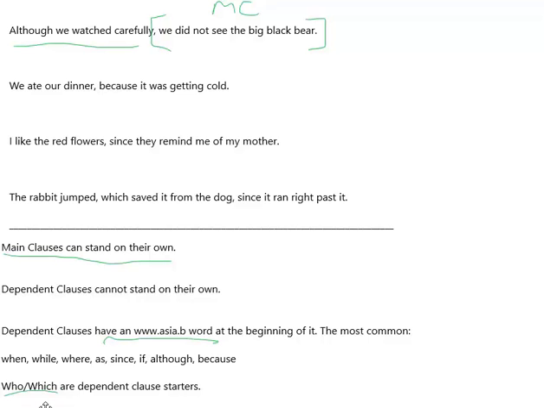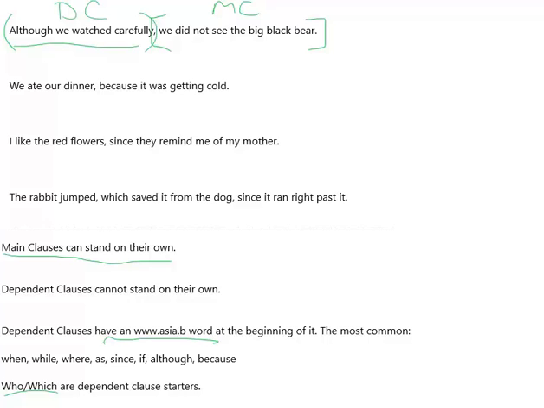Do we see any of these words in this part of the sentence? Although we watched carefully? Yes, although. We will put the parentheses around our dependent clauses and label them DC, because it cannot stand alone. Although we watched carefully doesn't tell us the full thing that we need to know from this sentence. So it cannot stand alone.